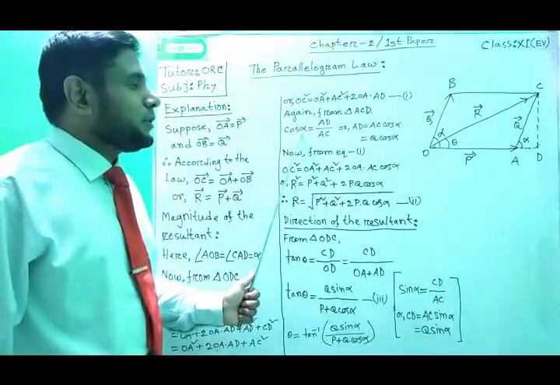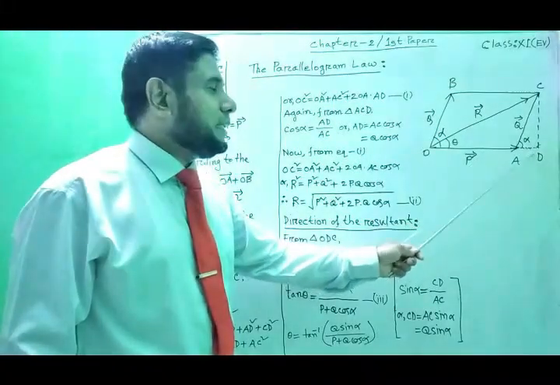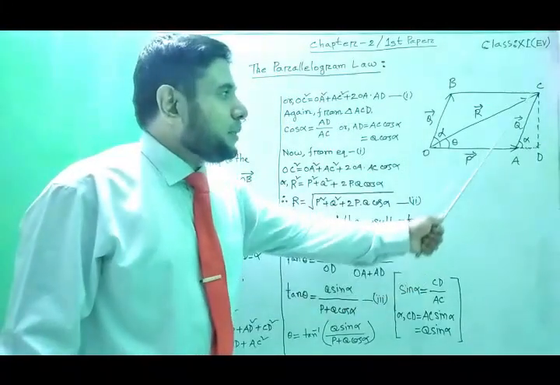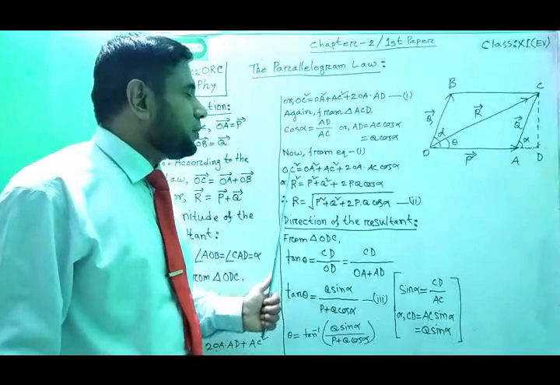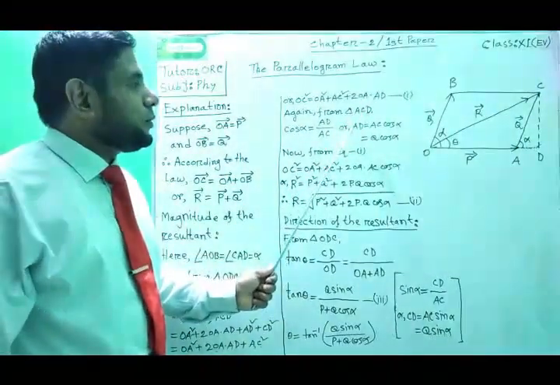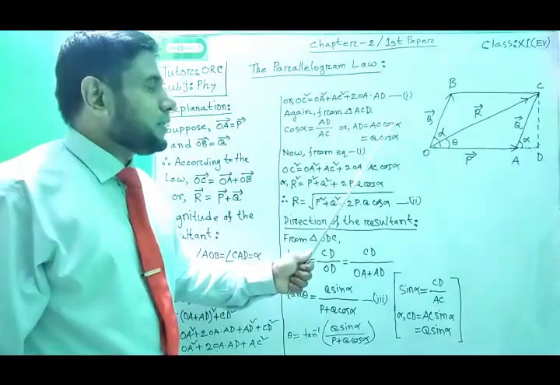We know that cos alpha equals base divided by hypotenuse. Here base is AD, so cos alpha equals AD divided by AC. From this, we need the value of AD, so AD equals AC into cos alpha.